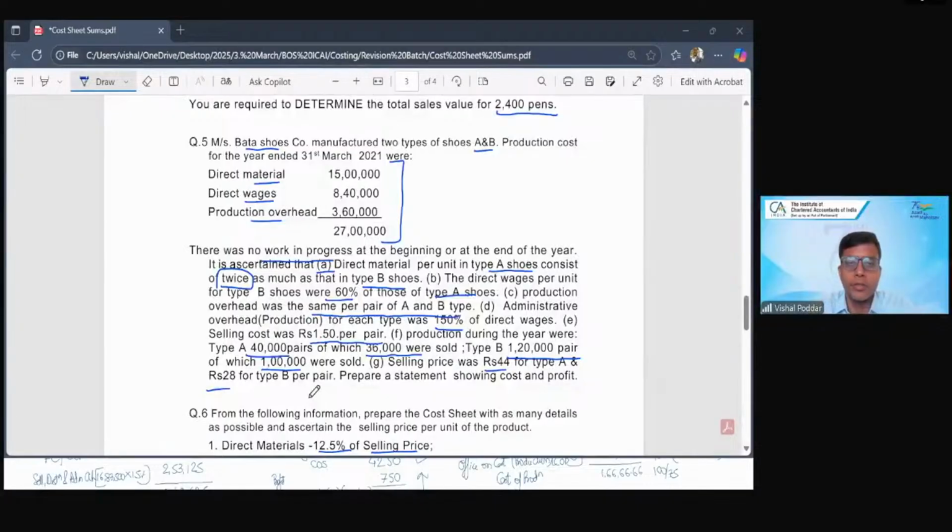Very good, Anurag. You got the point. Vannan has given me another answer. Good. Let's see whether it works out.